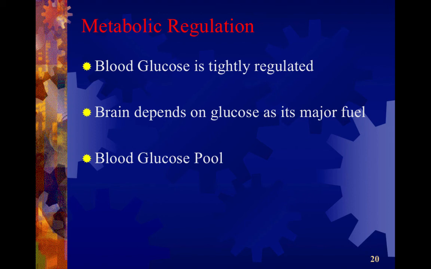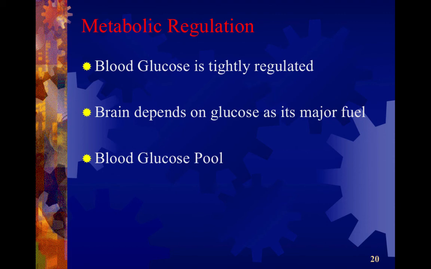Remember, this is fasting, so most times during the day. About 16 grams of glucose is traveling through the blood. That's not much. What that means is that most of the glucose is actually in cells, including the liver, so we'll talk about that.